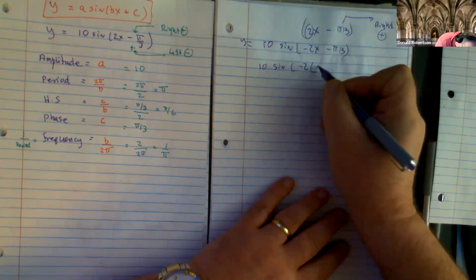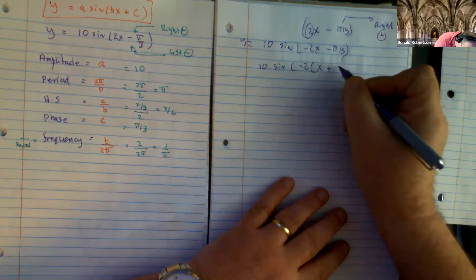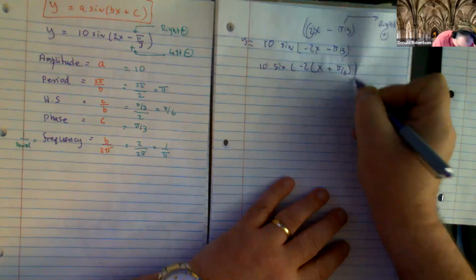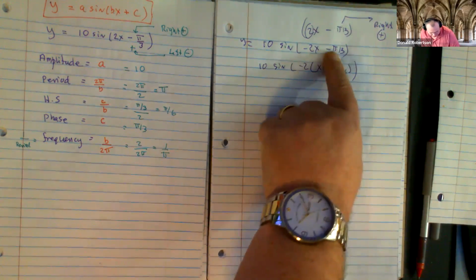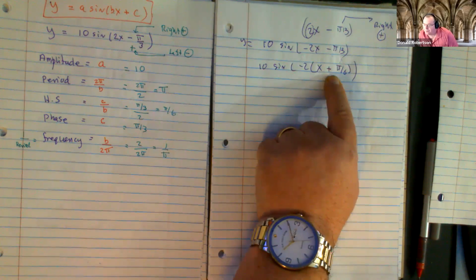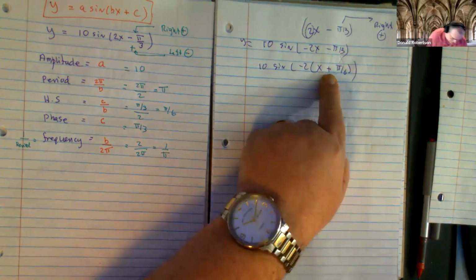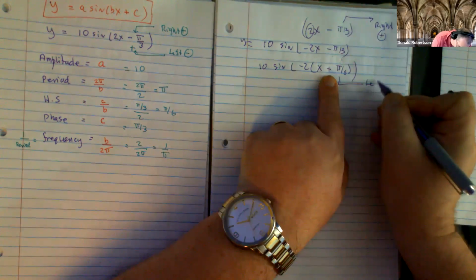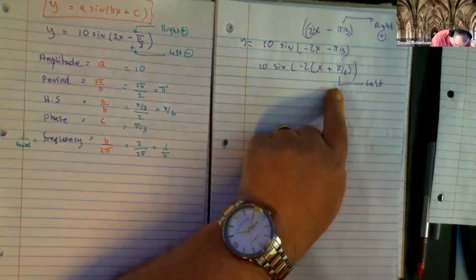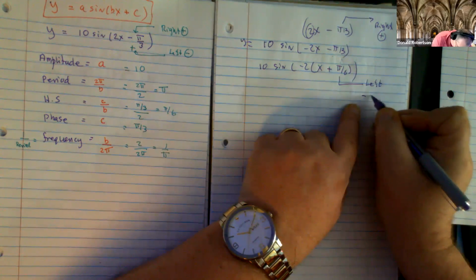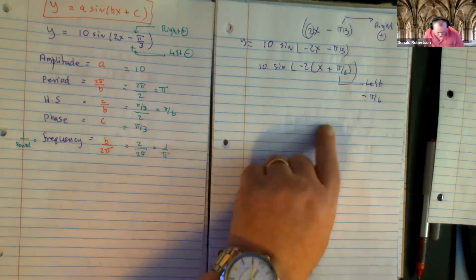And the good news is that they hardly ever give you that. But if you rewrite it in this format, can you see that that's actually a disguised positive? And what does positive do? That moves it to the left. And therefore, in this case, negative pi upon 6 would be your answer.